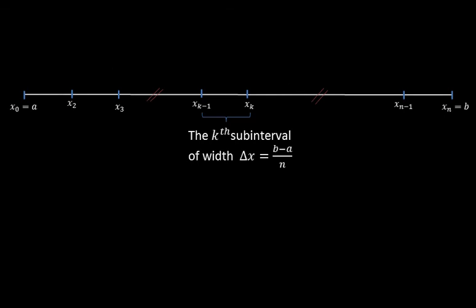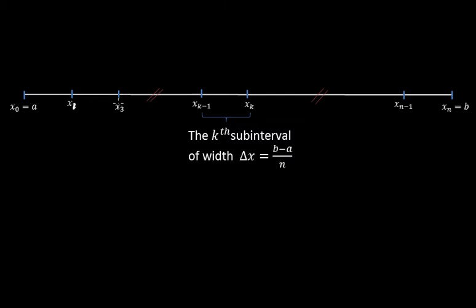Now, here is a picture of the interval AB, and I have partitioned it into n subintervals. This is by far the most important thing in this lecture, so really take time with it. Notice we call x sub 0 a, and, well, right off the bat I have a mistake here, wouldn't you know?